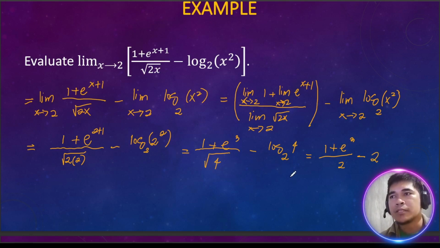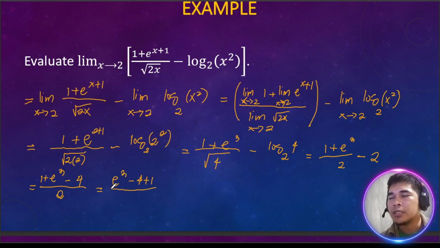Then, get the LCD, 2. So, 1 plus e to the power of 3 minus 4. That is e to the power of 3 minus 4 plus 1. We just combine the like terms. So we get e to the power of 3 minus 3, over 2.